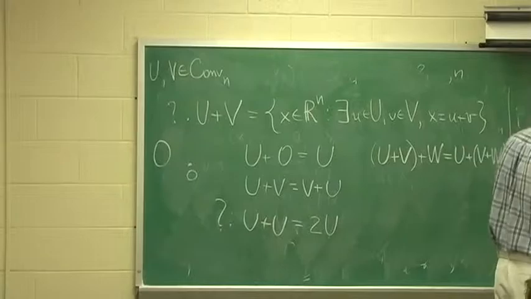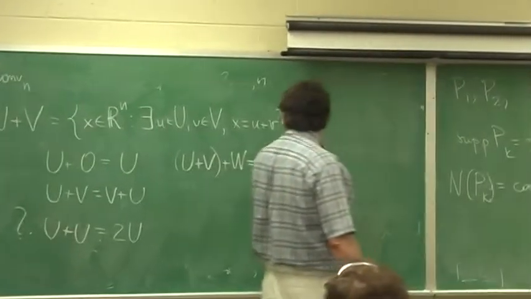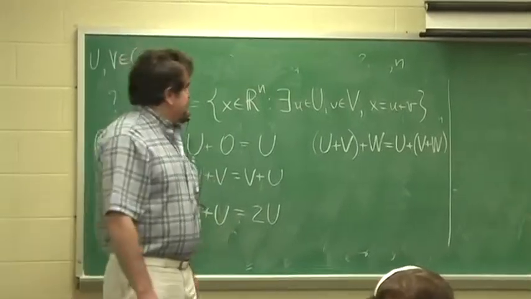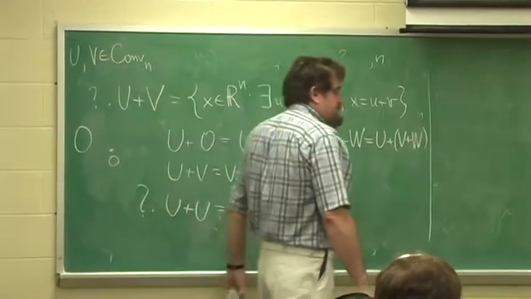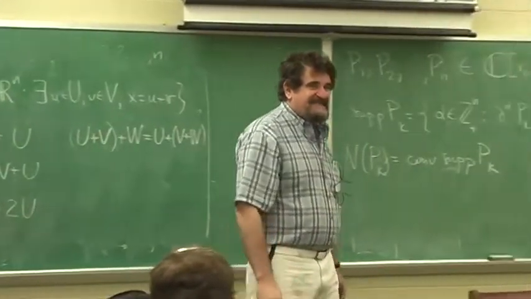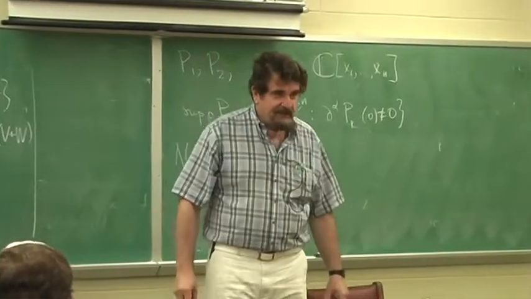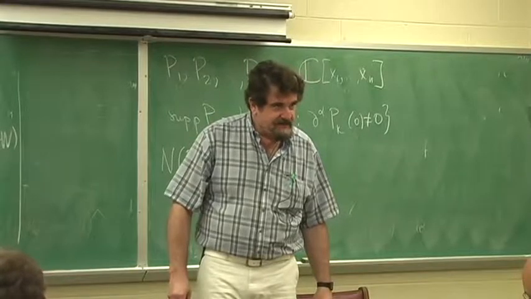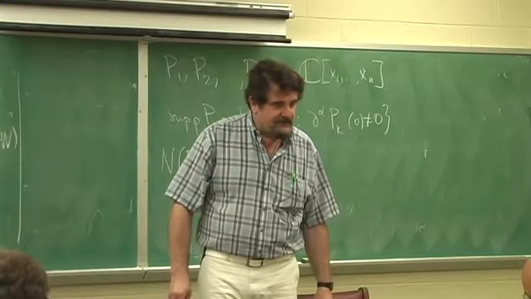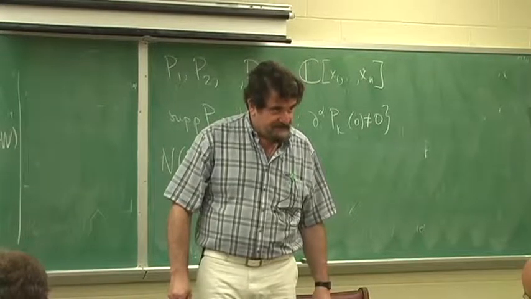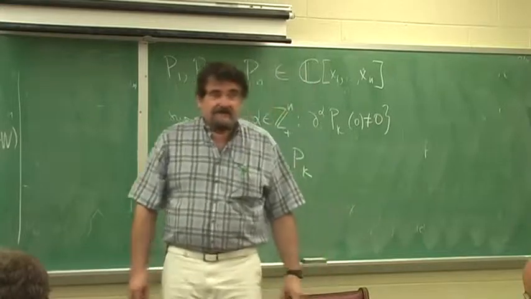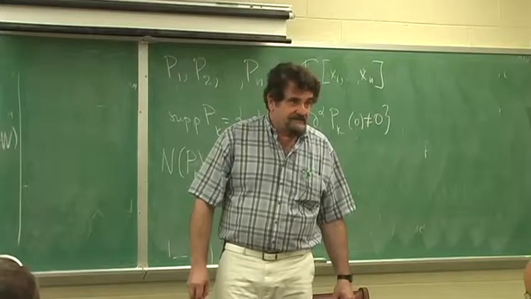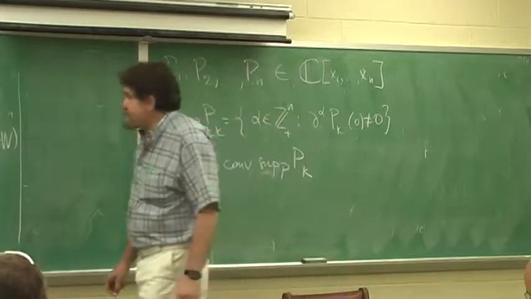Now, let me go further. So the set conv n is a semigroup. You can add, you have a neutral element, but what can you still not do? Subtract. And subtraction is impossible. Why?